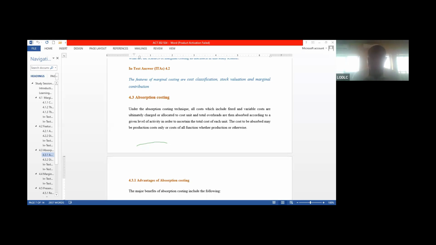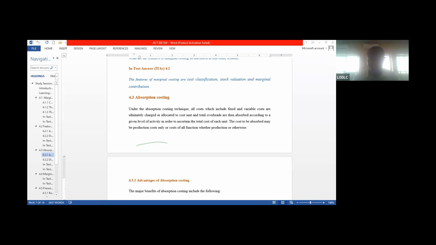We have direct costs, which include direct labor used in production, and indirect costs, which might include factory rent, administration costs, compliance costs, and insurance costs. So the costs observed under absorption costing might include variable costs, fixed costs, and semi-variable costs, in contrast with the cost that we have in marginal costing.